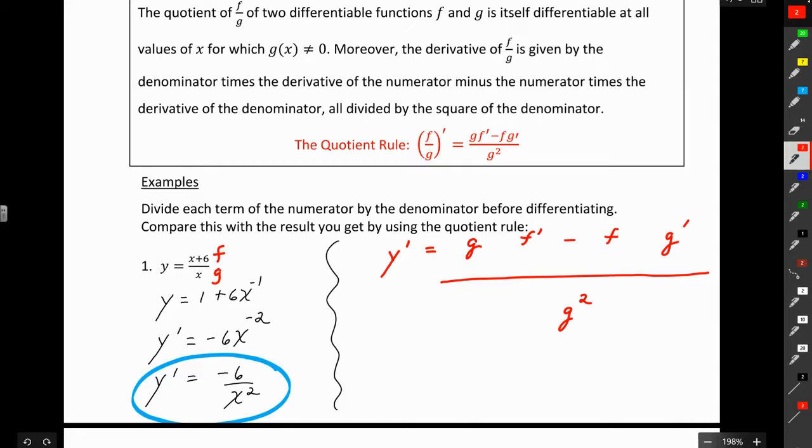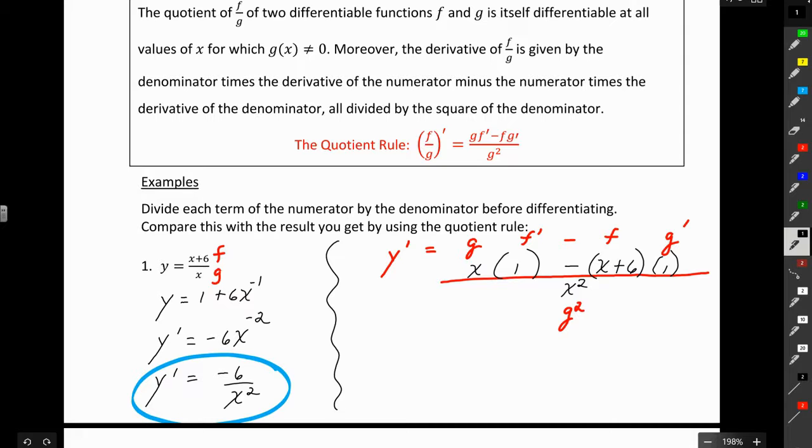And now we'll fill it in. So g is x. f prime is going to be the derivative of x plus 6, which is just 1. f is x plus 6. And g prime, the derivative of the denominator, is 1. g squared is going to be x squared.